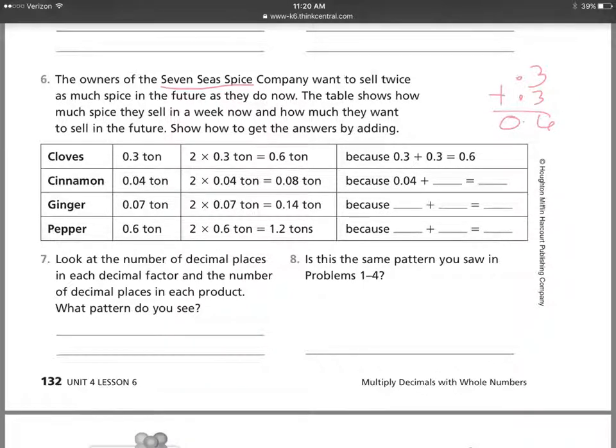With a 0 in front if you need it there. And 6/10 would be your final answer for that. And that's all you're going to be doing with the rest of these, is doubling them. And you can do that with repeated addition. So finish the table over here and questions number 7 and 8 on your own.